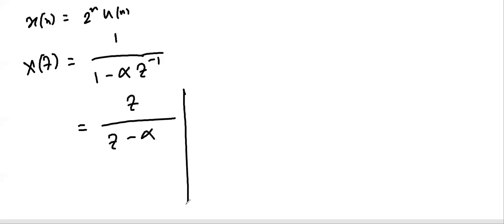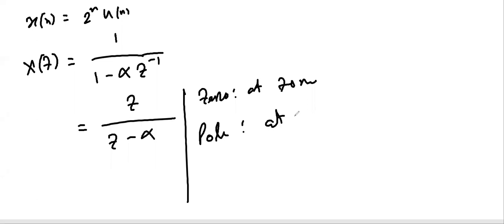From there, we can find two things. What is the pole location? And the zero location: the zero is at 0, because z equals 0. The pole location is at z equal to alpha.